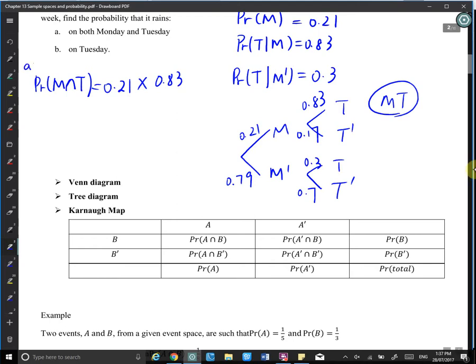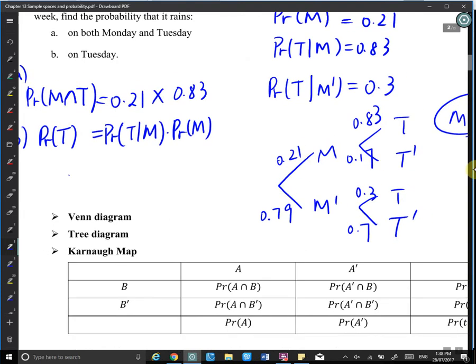That's A. And B. B is the probability of rain on Tuesday. So I want to find the probability of T. That will equal probability of T given M times probability of M, using the law of total probability, plus probability of T given M dash times probability of M dash.